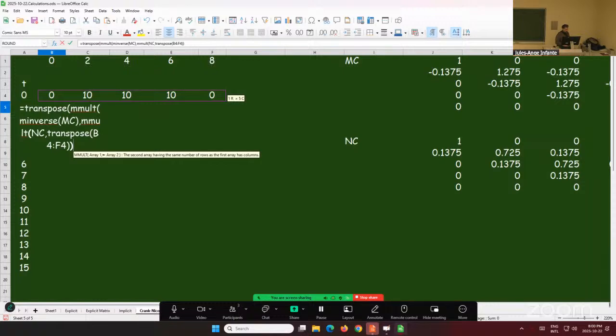Multiplication, multiplication and transpose.